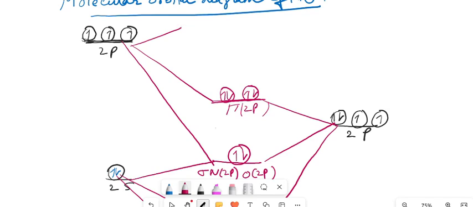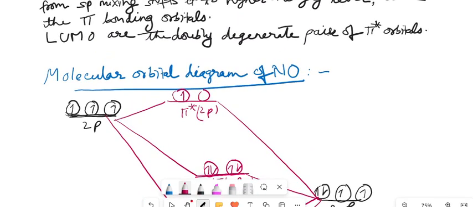So now 1 electron is left, which will be filled in the anti-bonding molecular orbital pi star 2p, which is a pair of degenerate orbitals, and one of them has 1 electron. So that becomes the highest occupied molecular orbital.